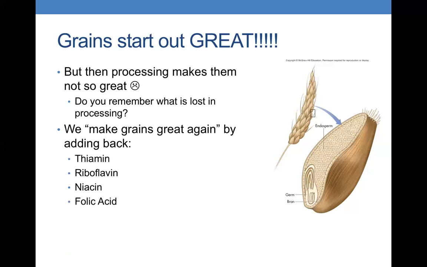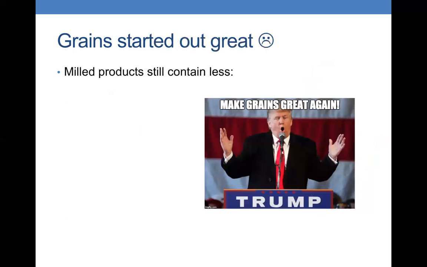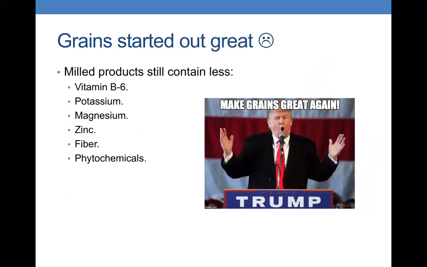Starting in the 1940s, we fortified grains. And so we enrich grains by adding back thiamine, riboflavin, niacin, folic acid, and iron. I know you guys are going to love this cartoon, but I thought it was funny. I couldn't resist.